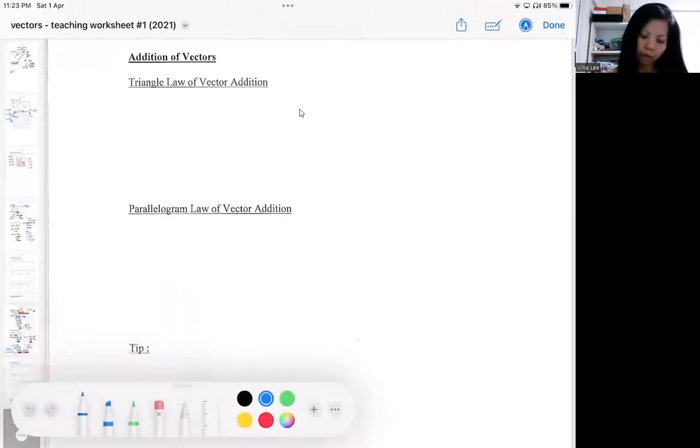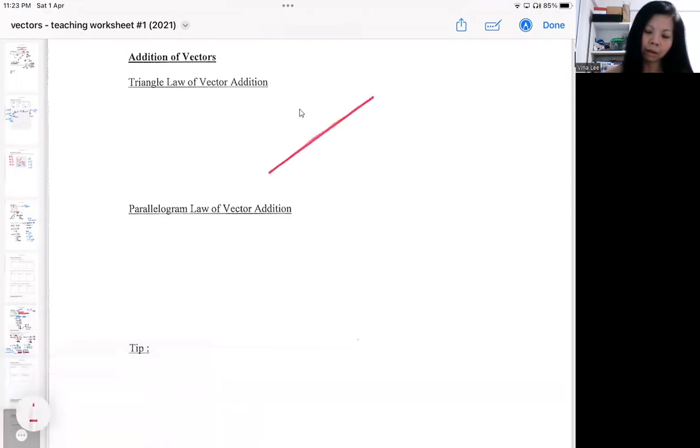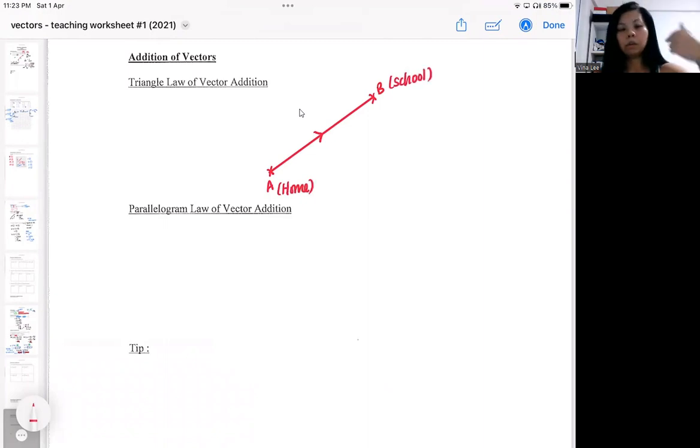So to make you understand triangle law, I'm going to show you a vector, like vector AB. I would like you to think of vector AB as this is like your home, and this is like your school. You can think of it as you are always leaving your house to go to school.